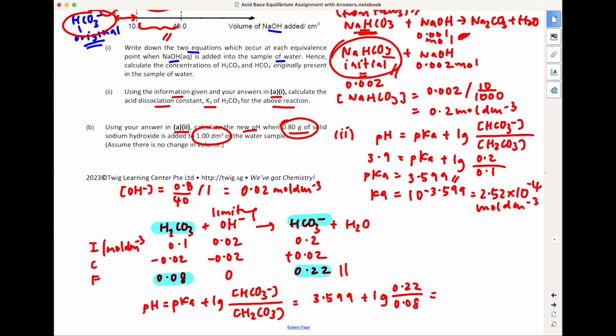Press your calculator. You can imagine that when you add a base, you expect the pH to go up slightly. The original was 3.9, so the pH must have gone up slightly. Now if you calculate, it's actually 4.04. So this is exactly how we do the question.